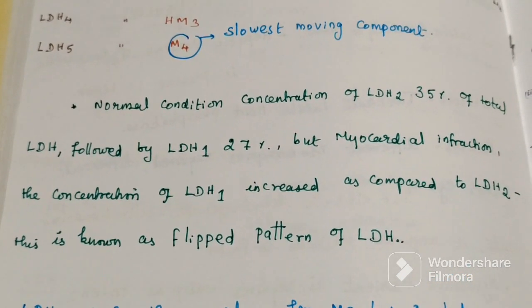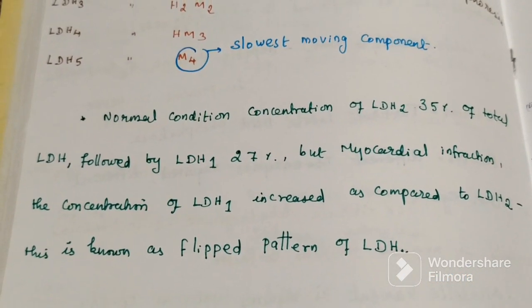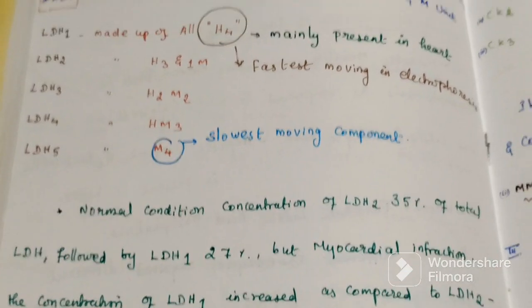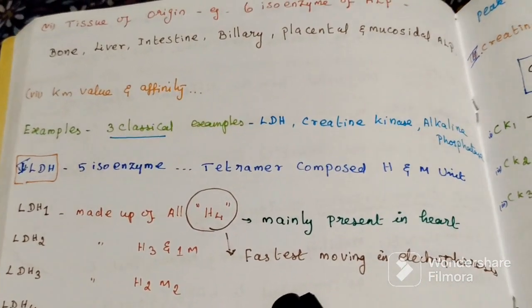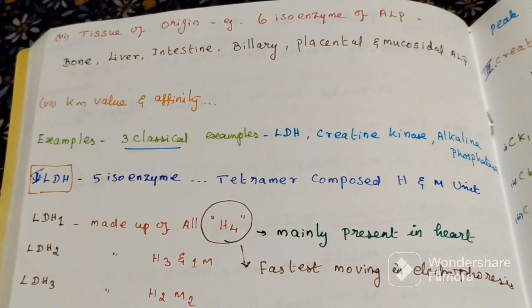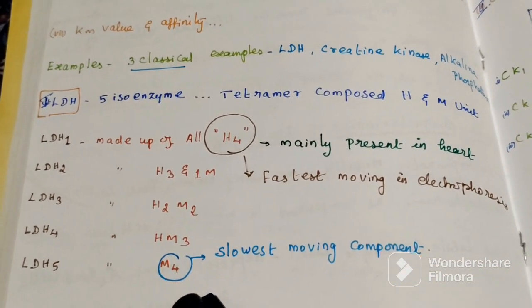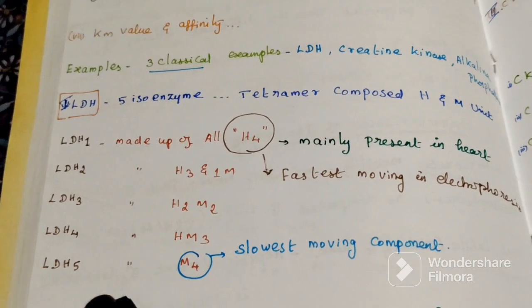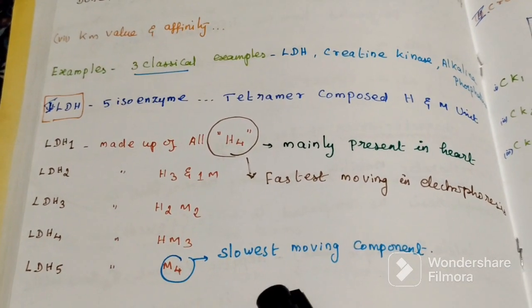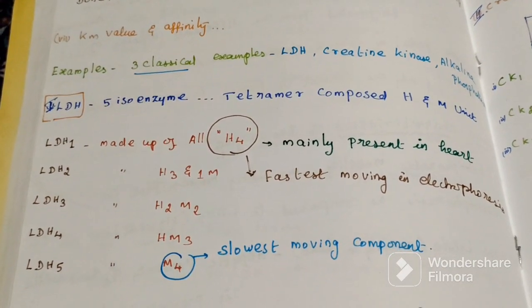LDH1, H4, is the fastest moving component in electrophoresis. LDH5, M4, is the slowest moving component.